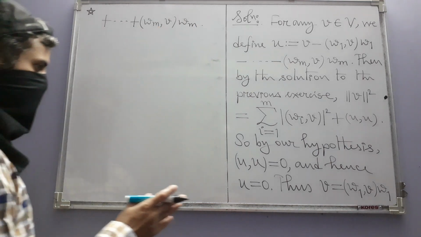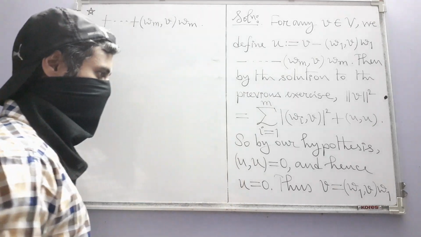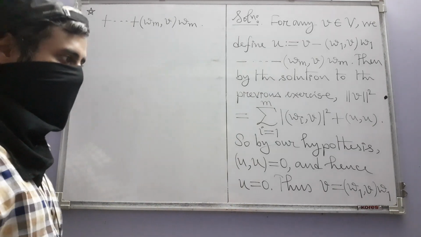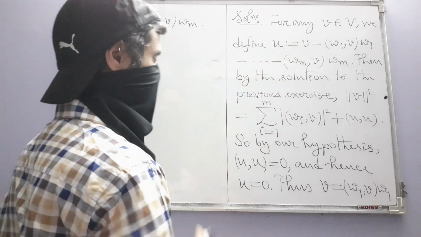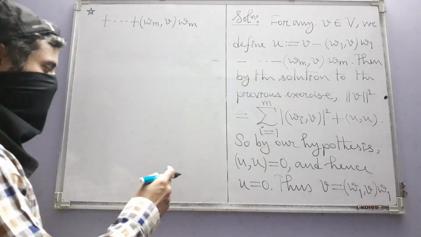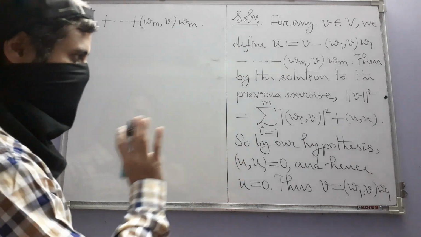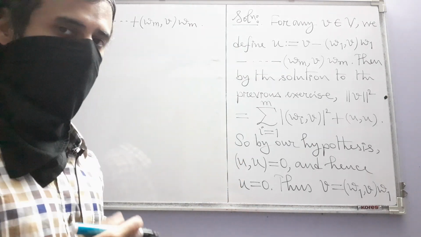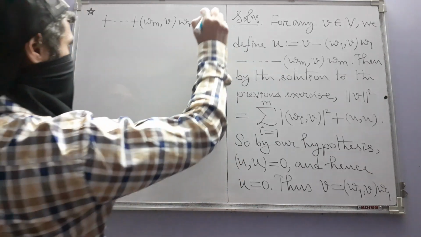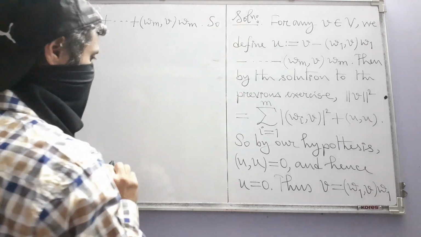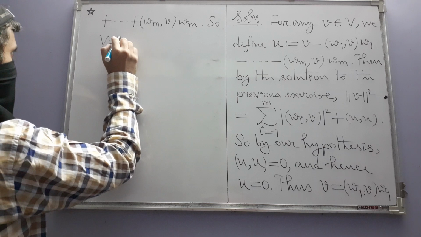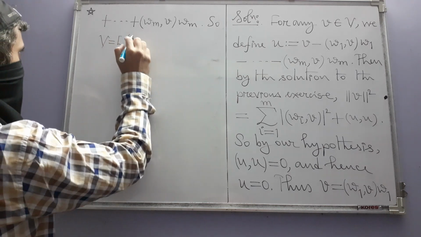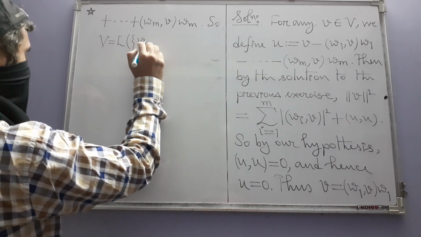But if V is the linear combination of these Wi's, then V belongs to their linear span. However, V is any vector in V. So any vector belongs to the linear span of these Wi's. So the Wi's span the entire space. So V is equal to the linear span of this set.